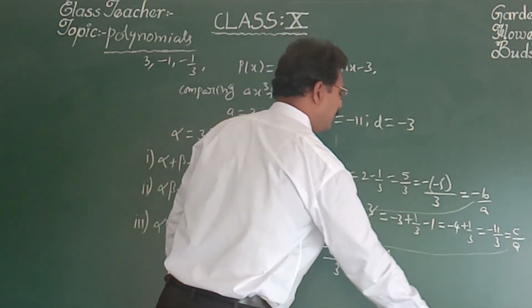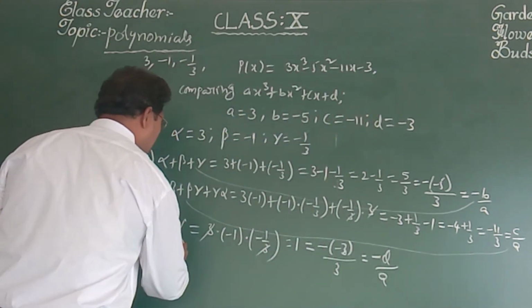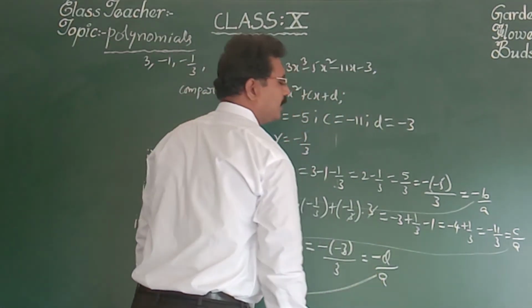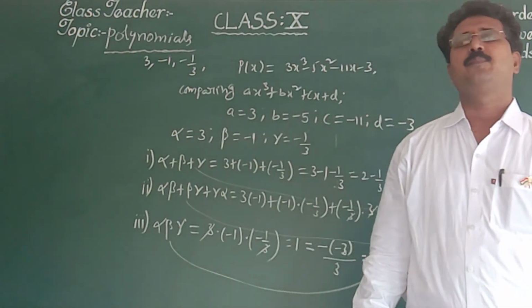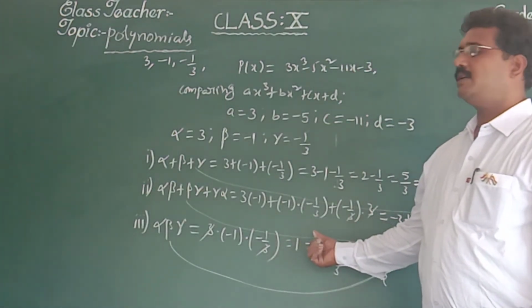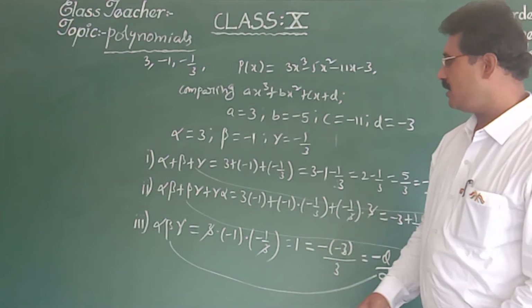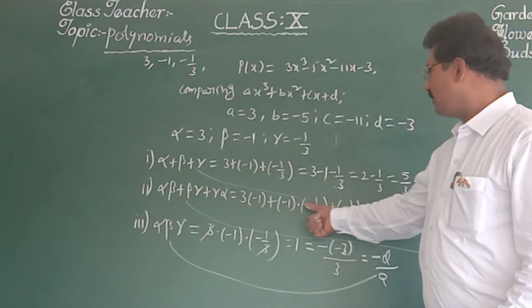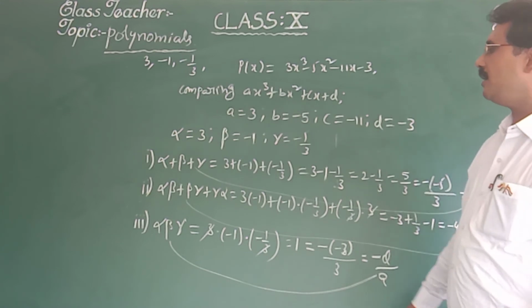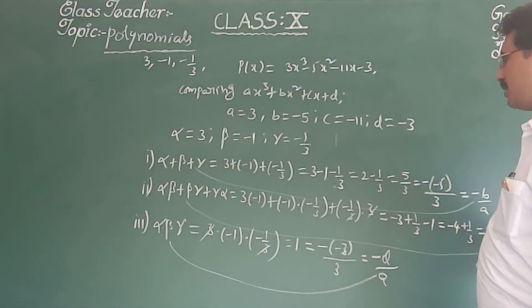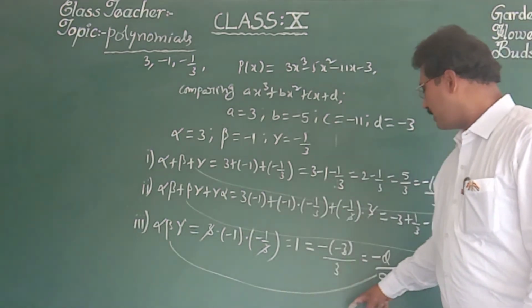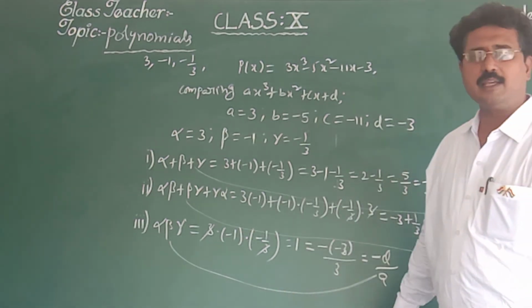A. D by A. So this means alpha beta gamma is equal to minus D by A. Now this is the way to verify the relationship between zeros and coefficients. That is alpha plus beta plus gamma is equal to minus B by A, alpha beta plus beta gamma plus gamma alpha is equal to C by A, and alpha beta gamma is equal to minus D by A.